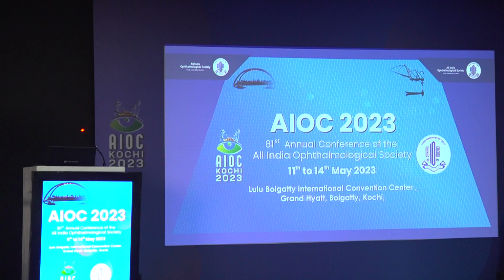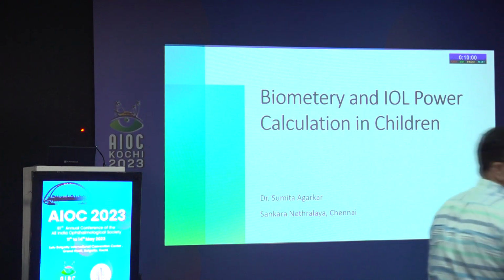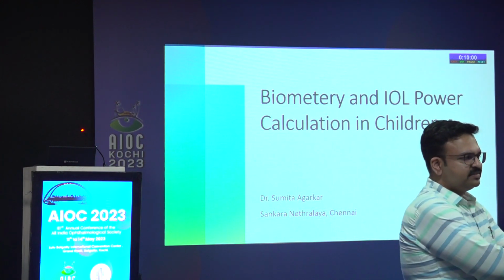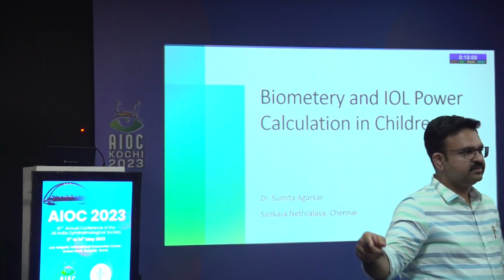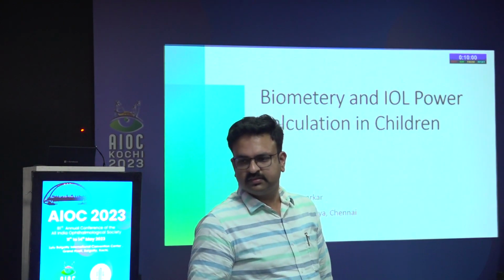Ma'am, can I ask a question to the anesthesiologist? So actually, I have a child who has come for squint surgery, with a sudden onset of squint. When we evaluated him, everything was normal except he had a positive anti-acetylcholine receptor antibody.